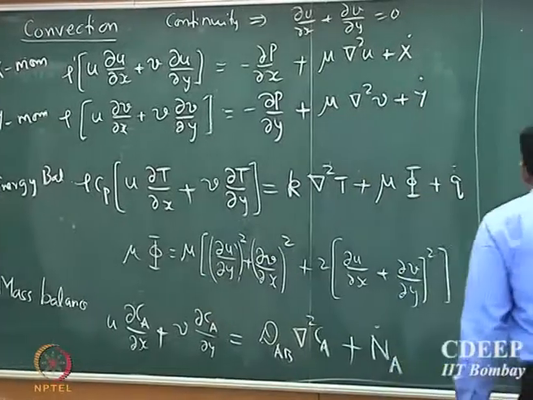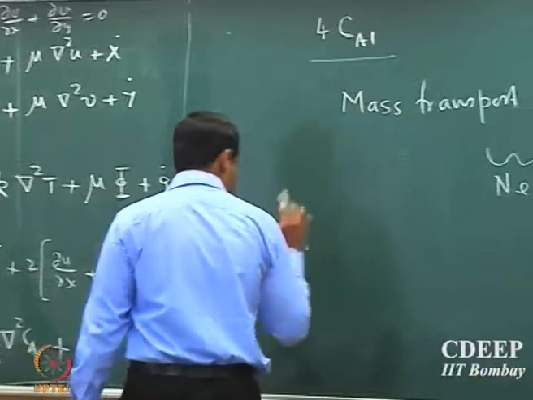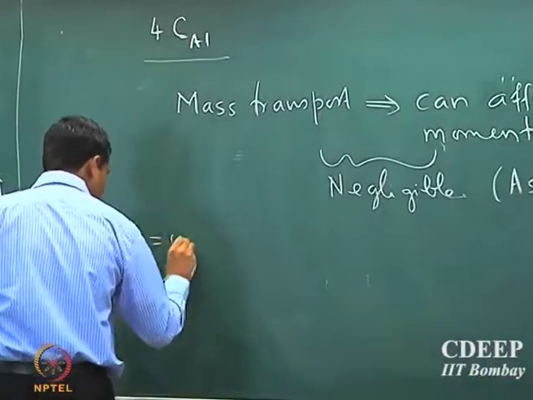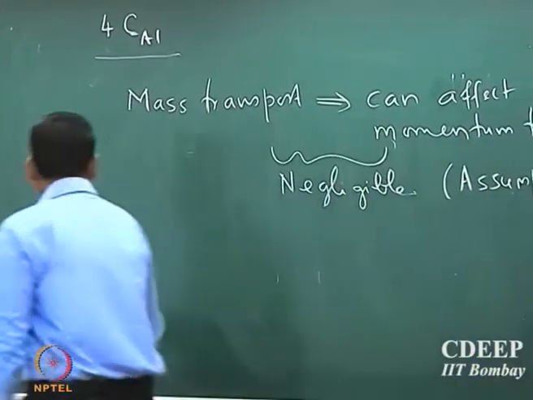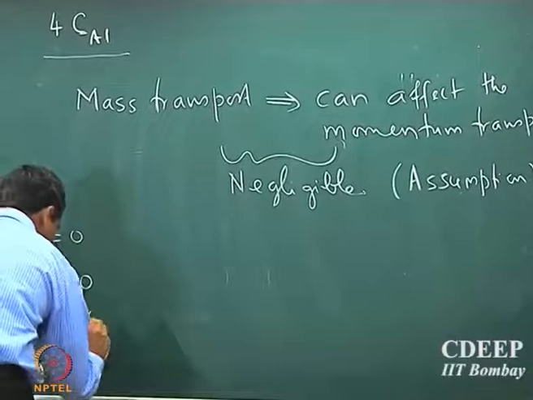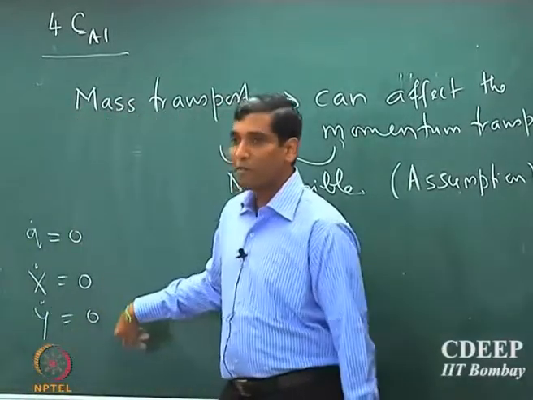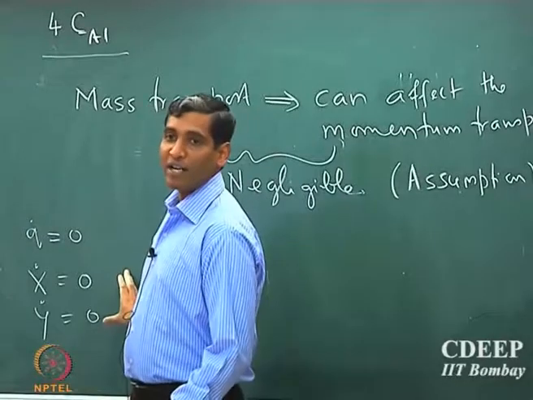Alright, so to further simplify, we are going to assume that Q dot is 0, that there is no heat generation term, and then we are going to assume that the body forces are 0 to start with. We will actually include body forces when we talk about natural convection, but let us assume for now that it is 0.